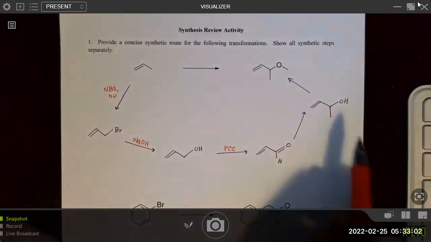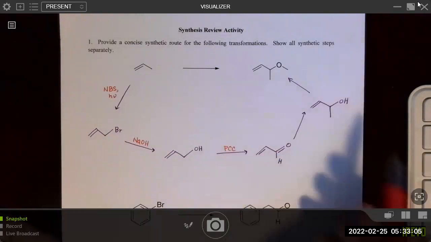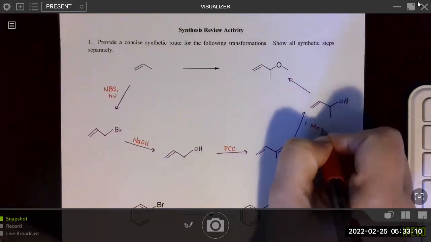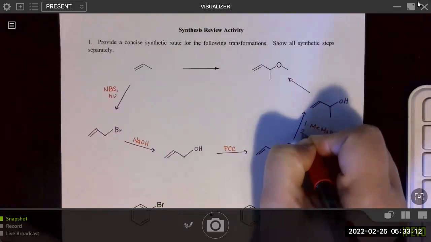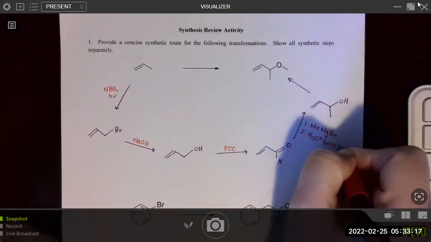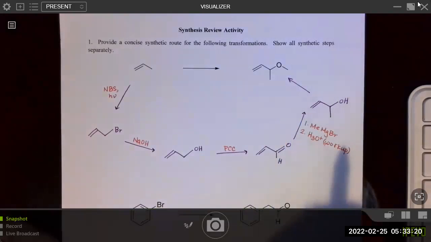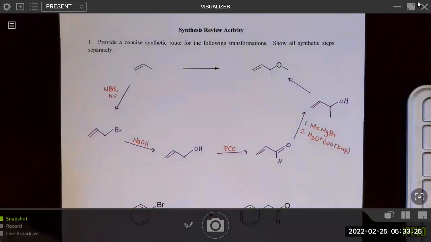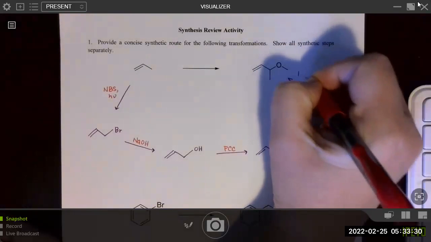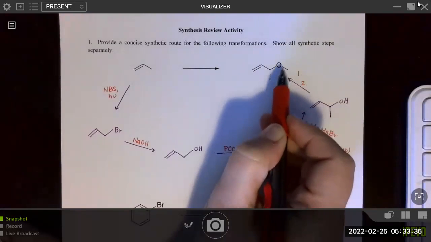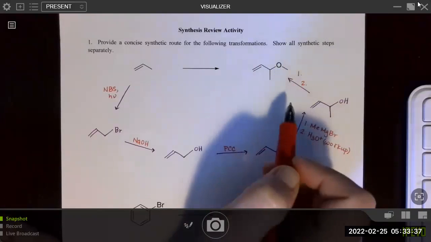From here, we want to do the Grignard reaction to add on this extra carbon. We will treat this with methyl magnesium bromide, followed by an acidic workup, which will give us this protonated alcohol. And then the Williamson ether synthesis involves the use of a strong base, followed by whatever alkyl group we want to add, which in this case would just be methyl bromide or methyl iodide.